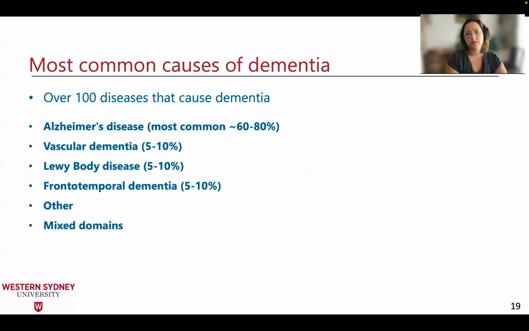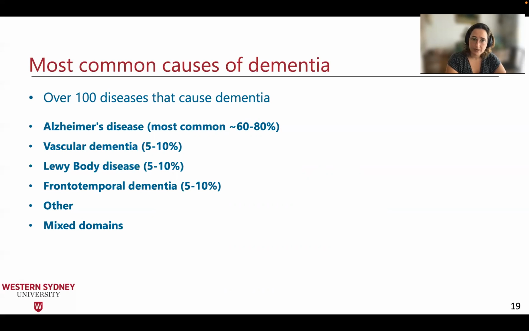The most common causes of dementia: there are over 100 diseases that cause dementia, which is phenomenal. But the most common is Alzheimer's disease, which has roughly a 60 to 80% prevalence. We then have vascular dementia, which has a lot to do with the blood supply to the brain.